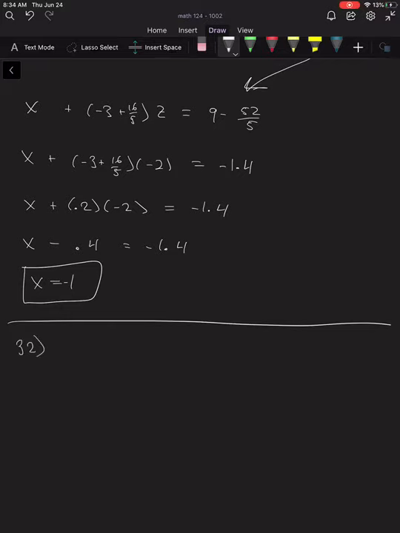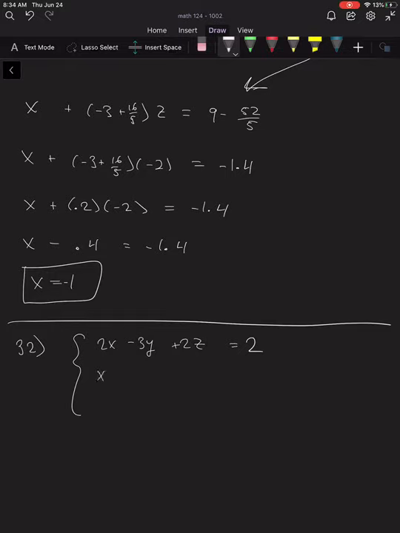So 32 is 2x minus 3y plus 2z is equal to, oh, I already read it wrong, is equal to 2. So 2x minus 3y plus 2z is equal to 2.